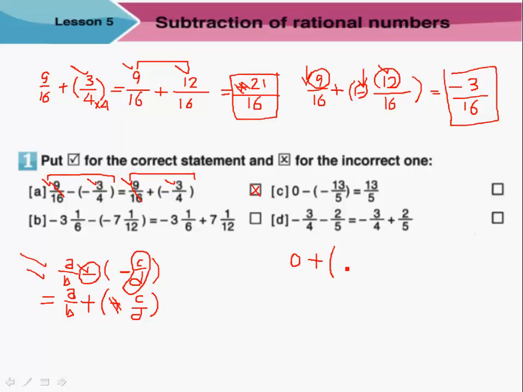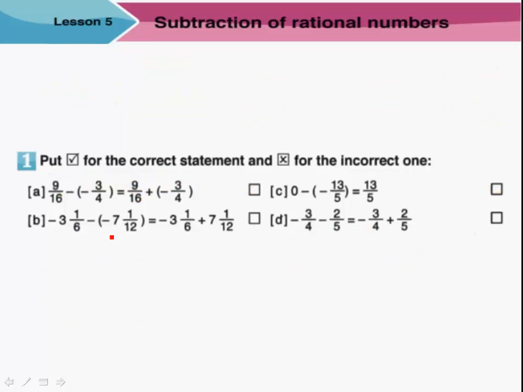This one will also be plus. So we have 13 over 5. I told you before, if you add 0 to any rational number, the result will be the same rational number. So this will be equal to 13 over 5, which is the right hand side. So this will be correct.